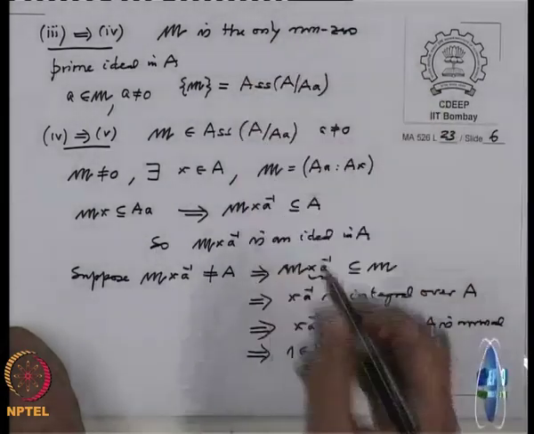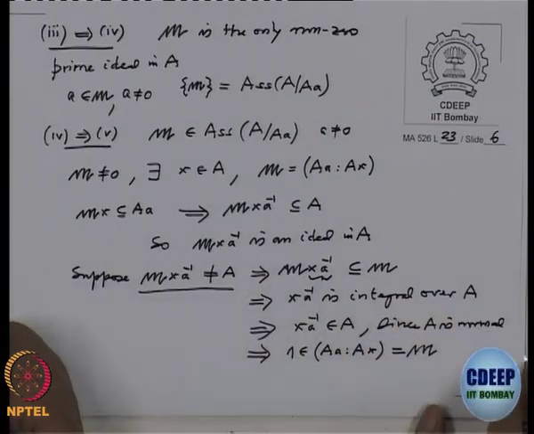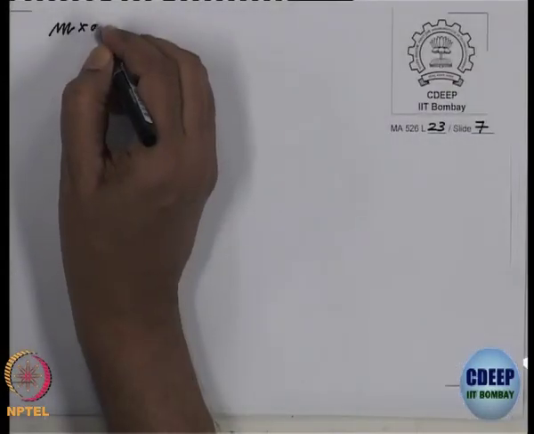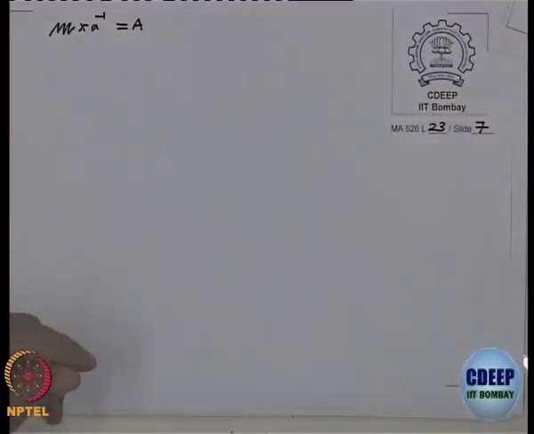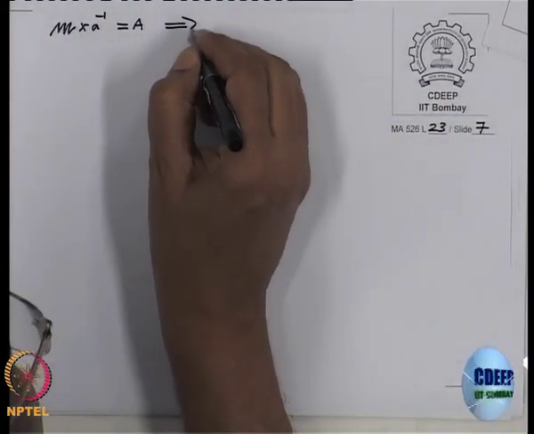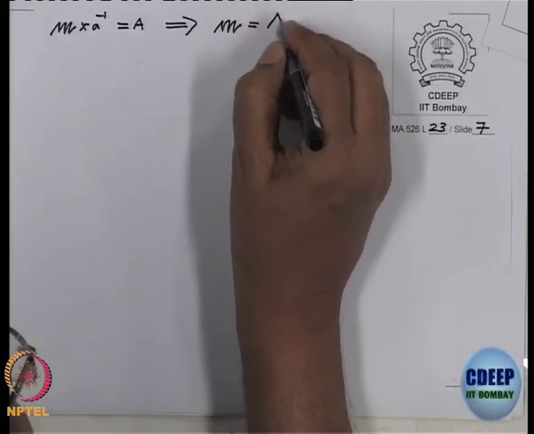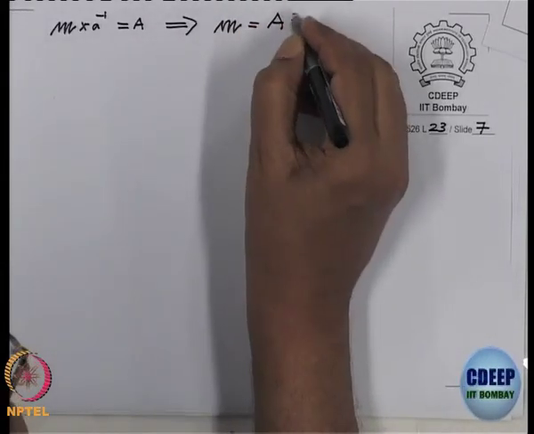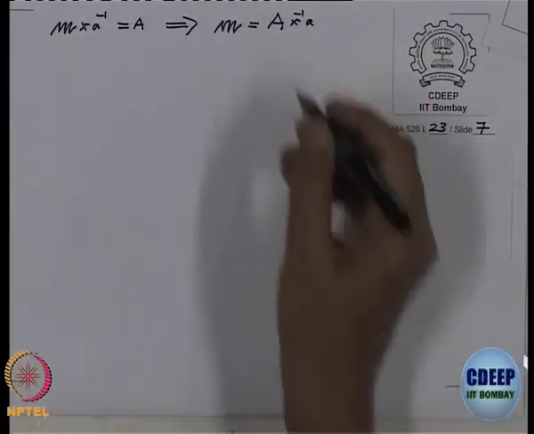The maximal ideal is a proper ideal, 1 cannot belong there. So, this cannot be true. So, that means m x a inverse has to be A, but this will mean M is generated by a x inverse. So, we actually cooked up a generator. So, it is principal.